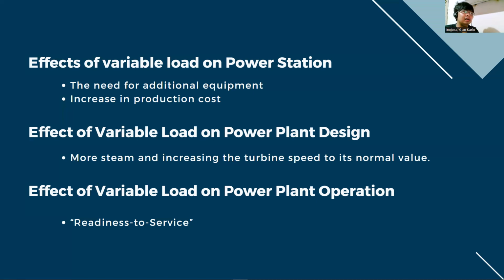The third effect of our variable load is on the power plant operation. Why did I put readiness to service here? Even though the availability of service of our modern power plant stations is very high, usually more than 95%, there are still times when there will be a problem, a malfunction in our operators or in our equipment.